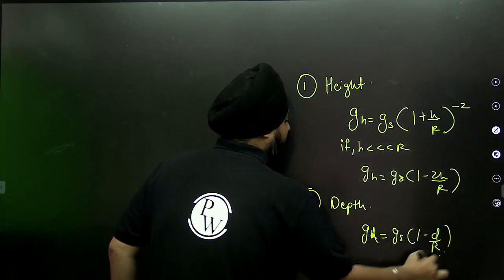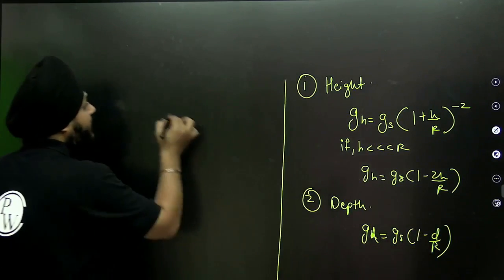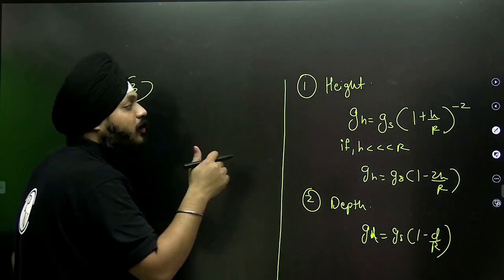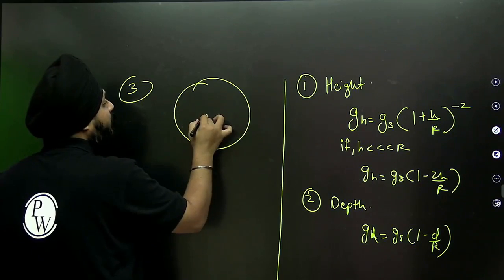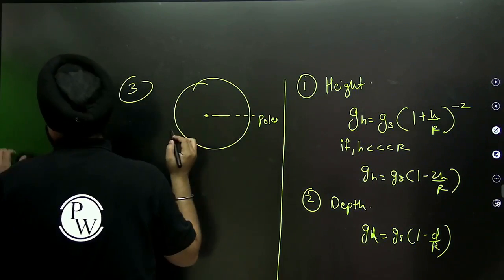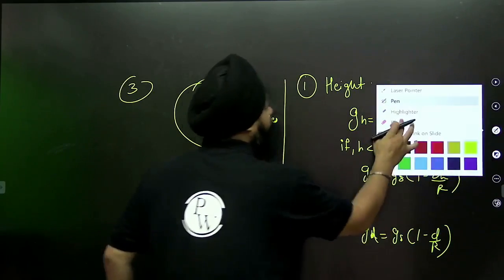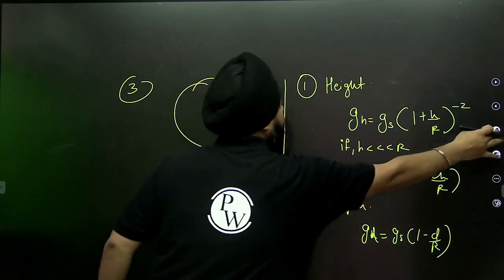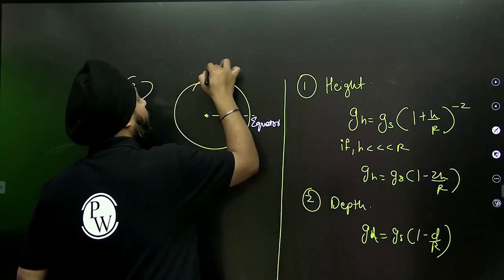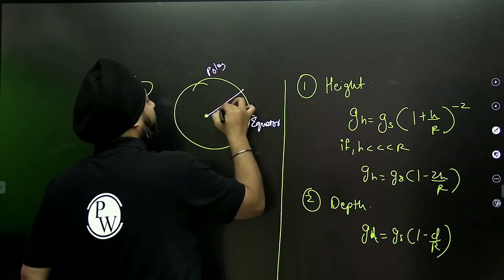Third case, because of the latitude. Suppose this is the earth, whenever we are moving from the equator to the poles with respect to lambda.